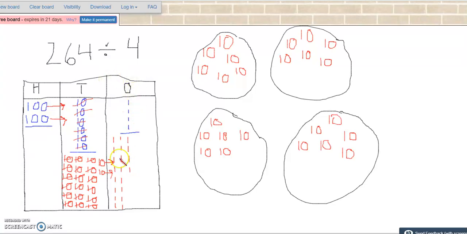Okay, perfect. Now I'm going to put those 1s inside as well with the same process: I place and then I cross off. Place, cross off, place, cross off.